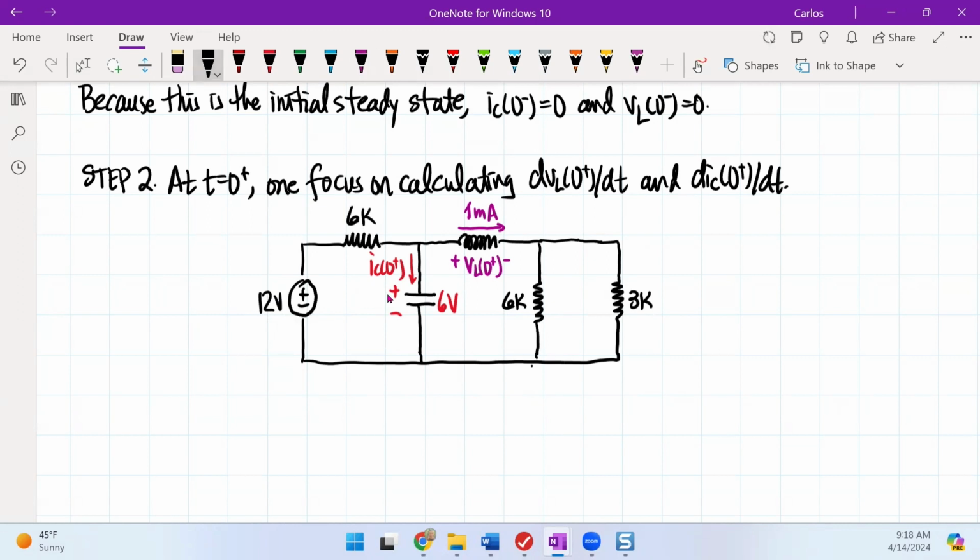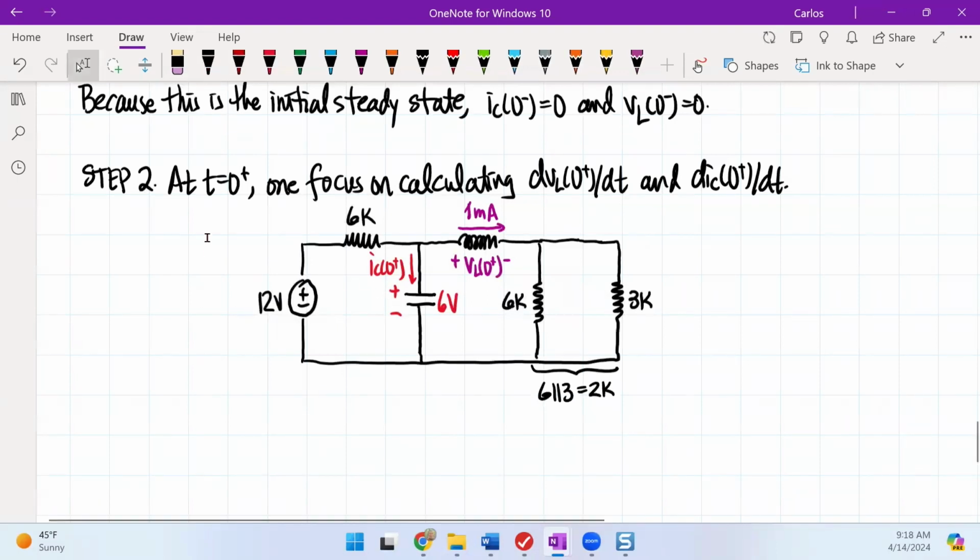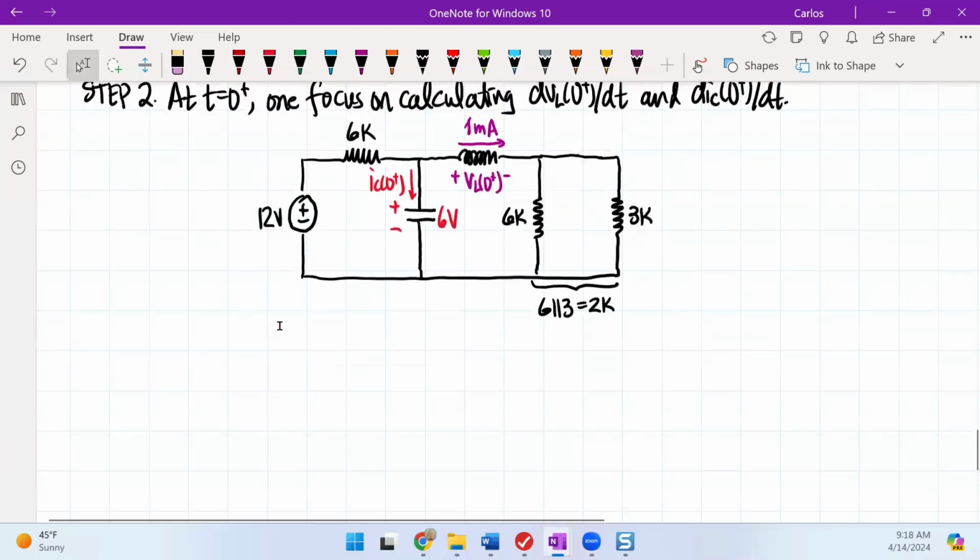Now, as a heads up, I have a 6K parallel to 3K, so this is really a 2K. I won't redraw the circuit with the 2K. We're just going to assume that we have 2 loops. So now, let's go and draw this out.